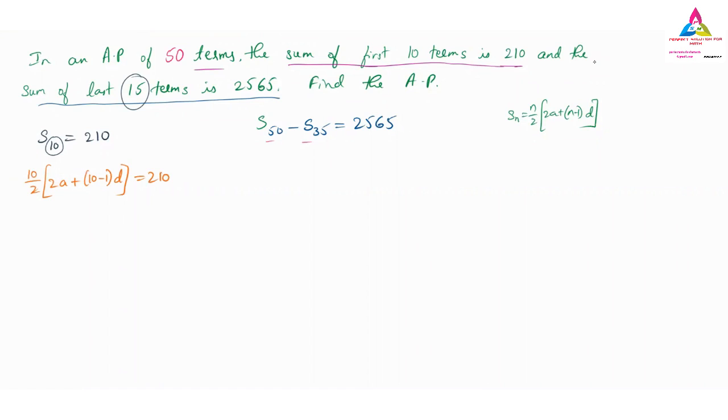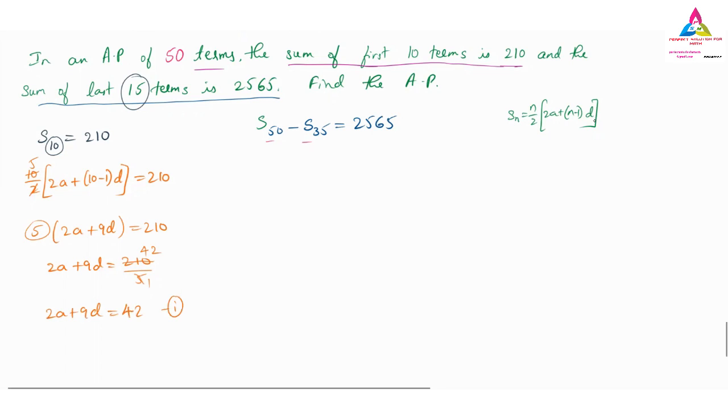So what will be the final answer? 2 5s are 10, so the answer will become 5 into 2a plus 9d equals 210. Keep 2a plus 9d as it is, and divide 210 by 5. 5 4s are 20, again 10 will remain, 5 2s are 10. So 2a plus 9d is equal to 42. That is your equation number 1.